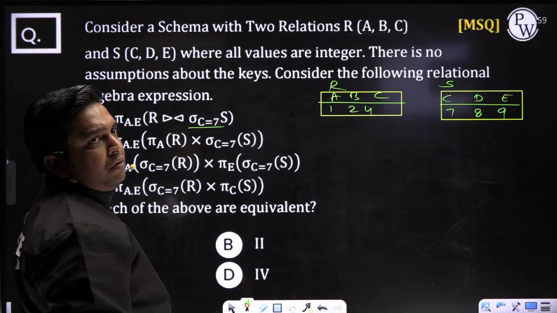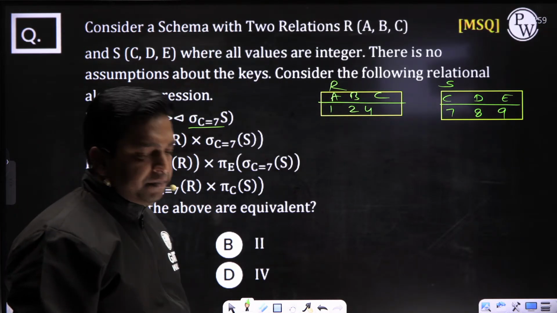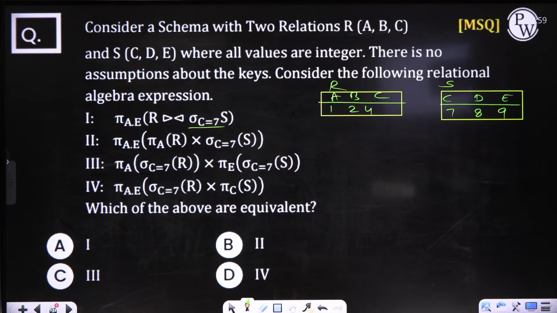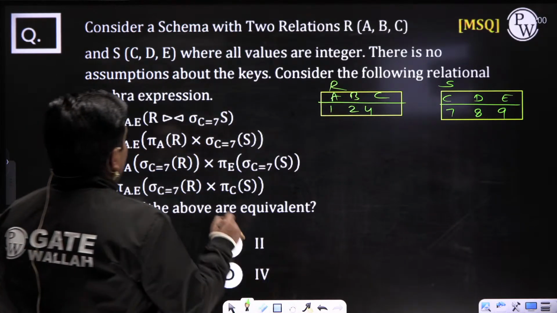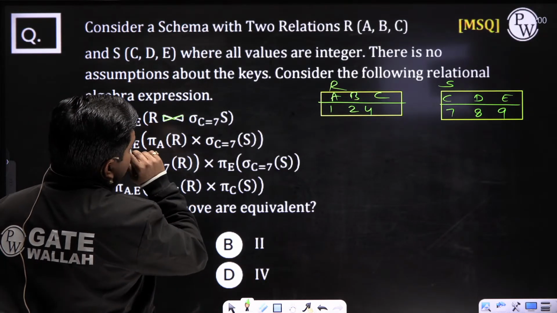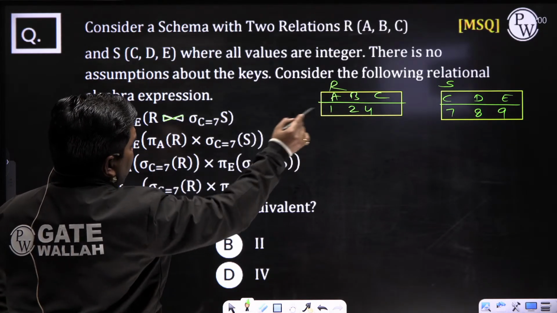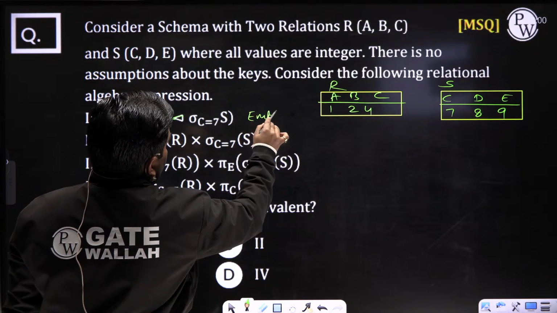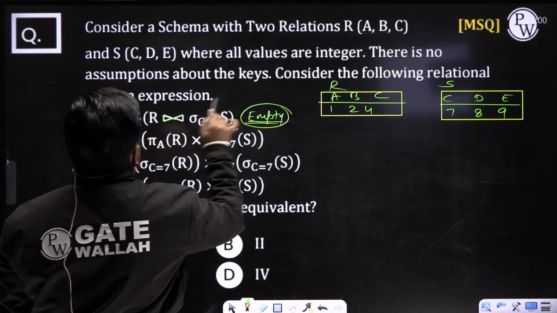Now you will do it. What happens? What will you get? Look, here first of all, whenever you join, what do you get? Nothing is common. The C value is 4 here and 7 there, so you will get empty because there is no common value. In the first table you will get empty.